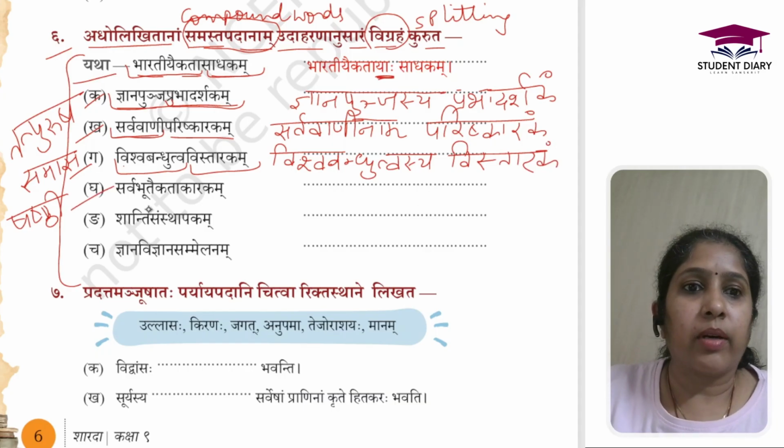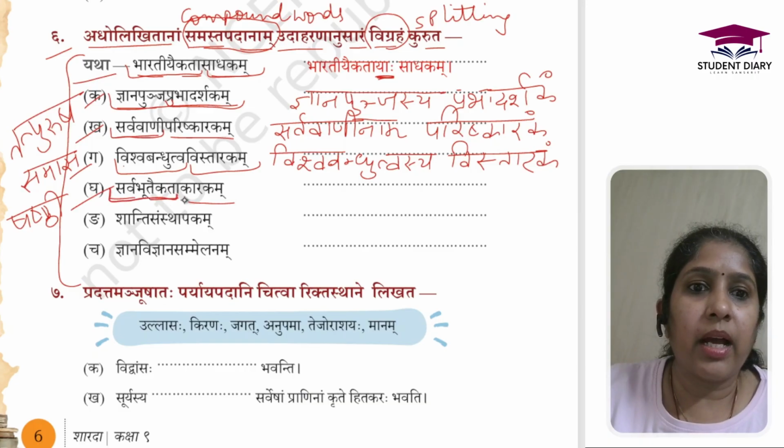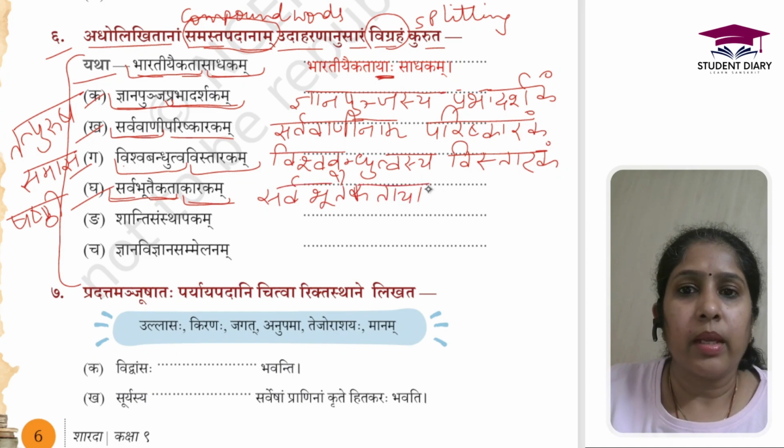Next one, Sarvabhut Ekata Karakam. Same thing: Ekta and Karakam. So it will be Sarvabhut Ekatayaha. I have to write together Sarvabhut Ekatayaha and Karakam. Got it? Next one, Shanti Sanstapakam.